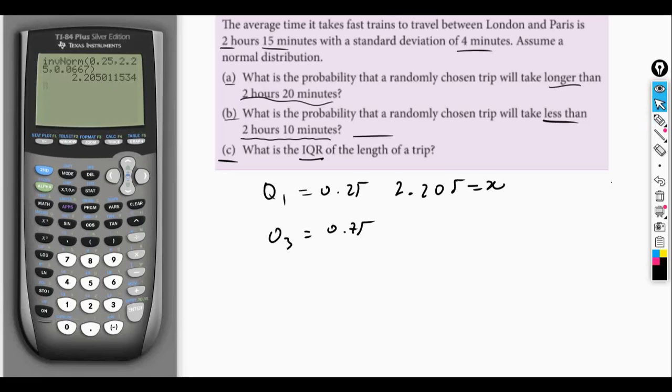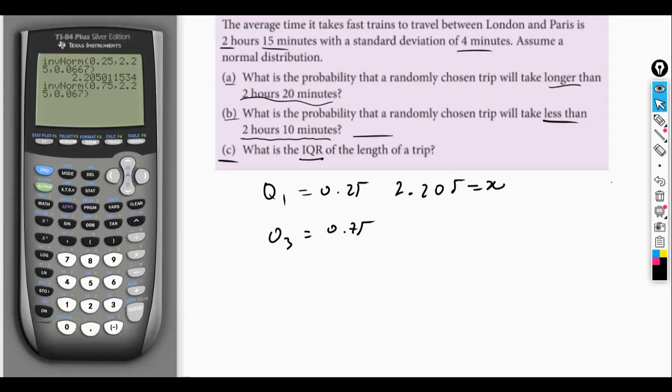So then again, we go second, vars, or distributions, inverse normal, and then again, the percentage or the area, which is going to be 0.75, comma, and the other information, the mean, which is 2.25, the standard deviation, which is 0.067.